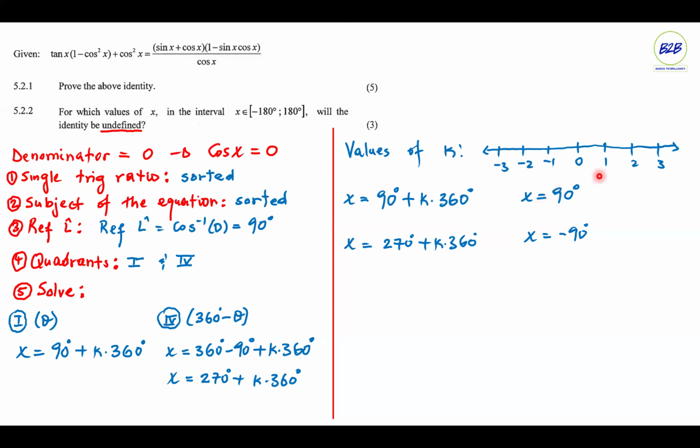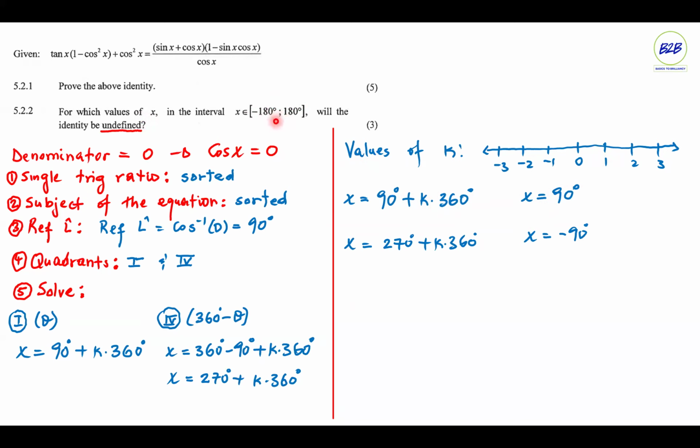All right. Now we change and substitute 1. We substitute in the place of k by 1. Then we say 90 degrees plus 360 degrees. That gives us 270 degrees. Then we go to the given interval. Is x equal to 270 degrees within that interval?